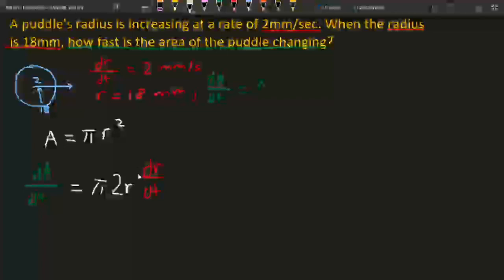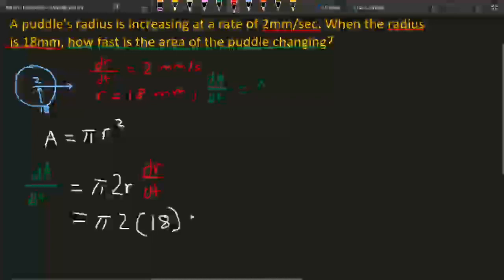So let's substitute that in. dA/dt is equal to pi 2, and then we don't really need to write the units right now because we can solve them later. r is 18, and then dr/dt is equal to 2 millimeters per second, like so.